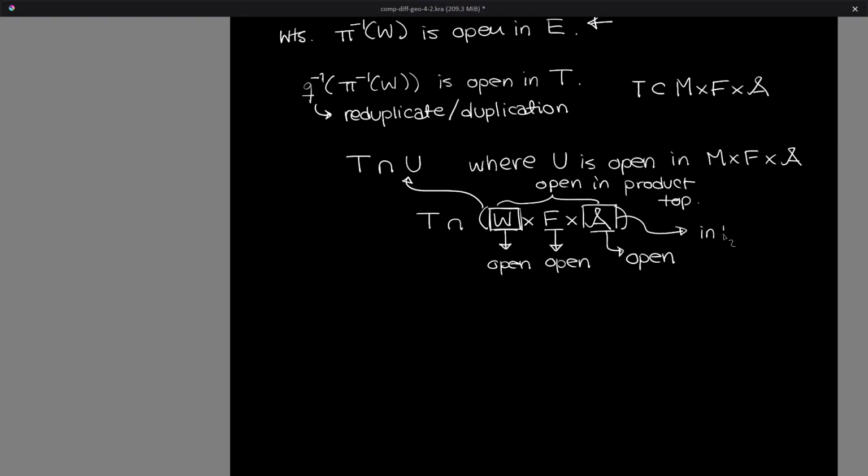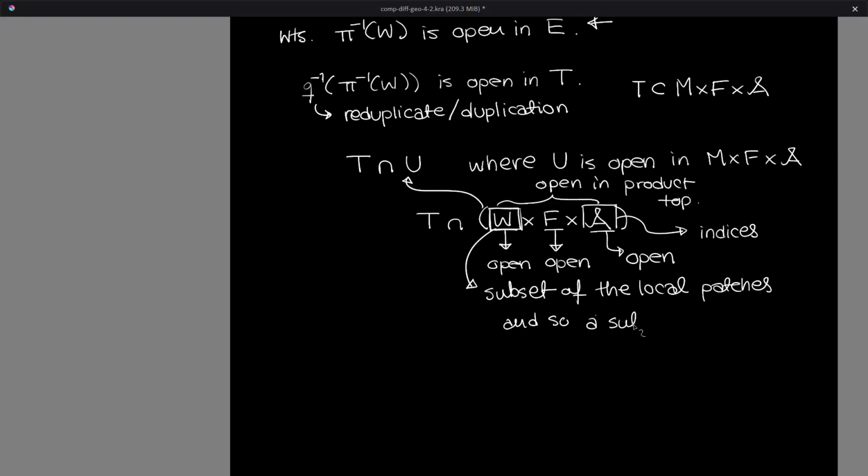These are the indices, and W might only contain a subset of the indices, or a subset of the local patches is a more appropriate way to say it.